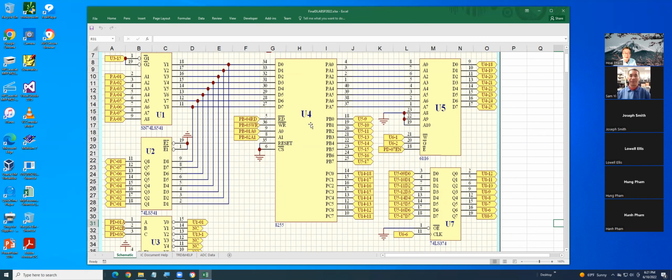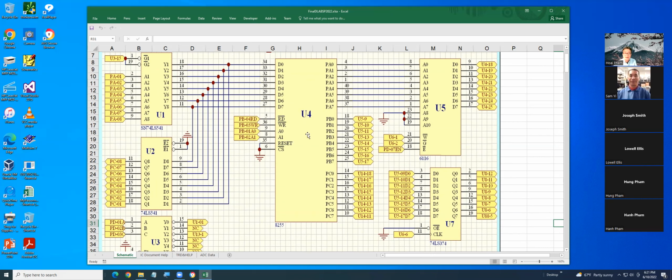Basically, this U4 will be controlled by software inside. If you see, they get a read, a write, A0, A1. A0, A1, that's very simple. 4 combinations: 0, 0, 0, 1, 1, 0, 1, 1.